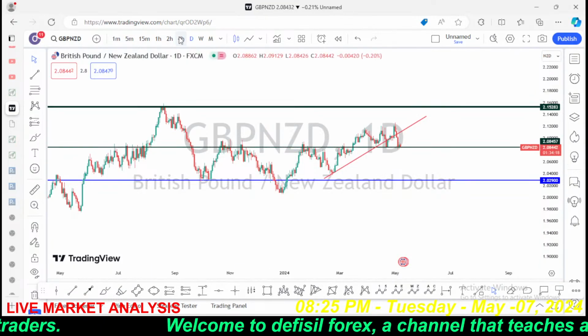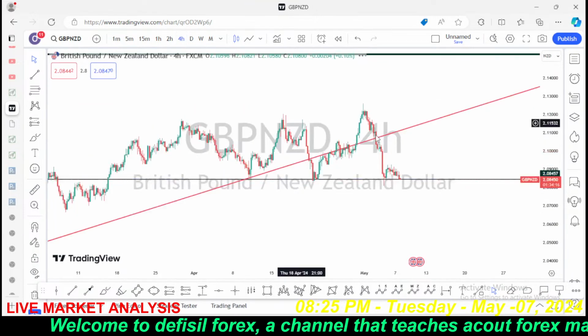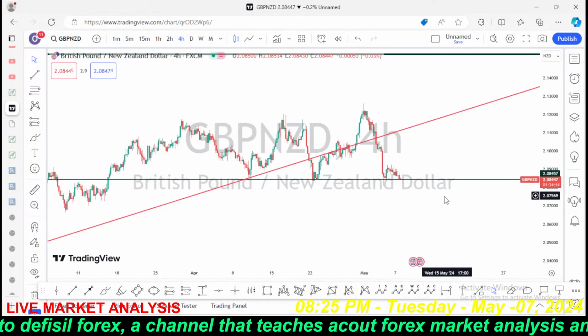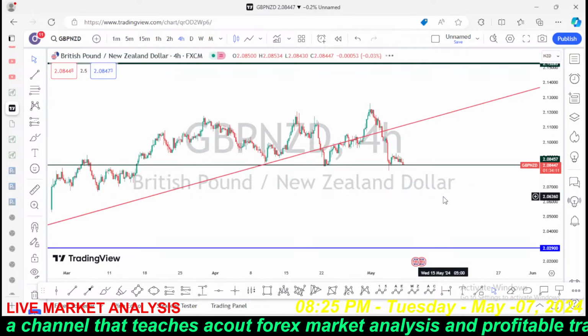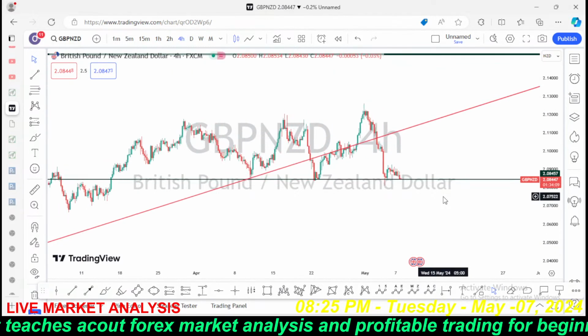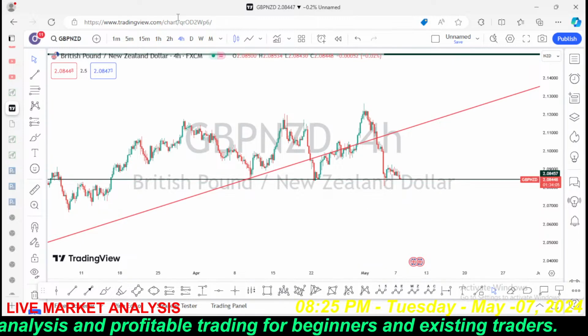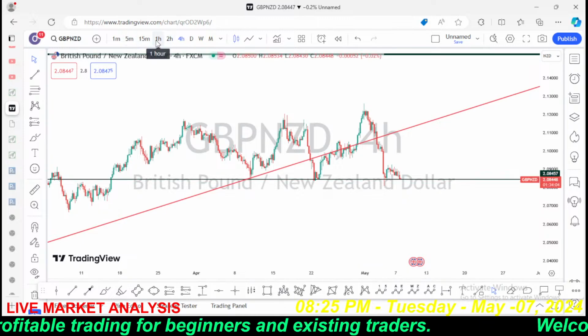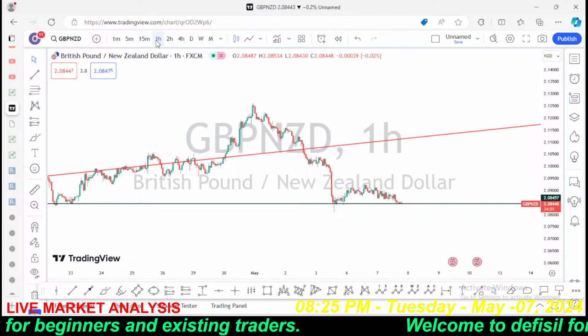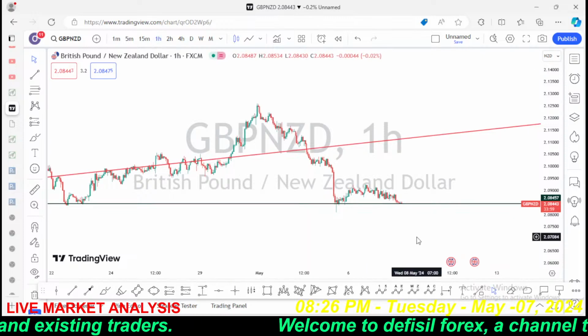Let's go over to the 4-hour chart and see what was there. Although the market is still trading, it hasn't closed yet. So let's go down to the 1-hour chart to get more details.